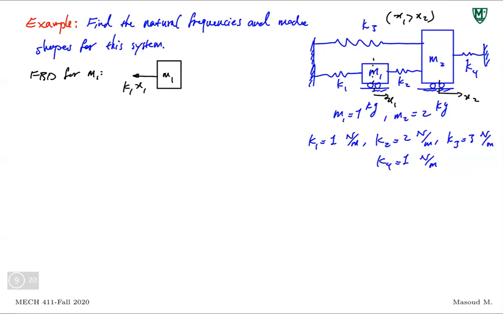So K2 is pushing M1 back. That would be the direction. What would be the magnitude? X1 is greater than X2. What should I put for the magnitude? Now I know the direction. Does anyone remember that? All right, X2 minus X1. The other way around.